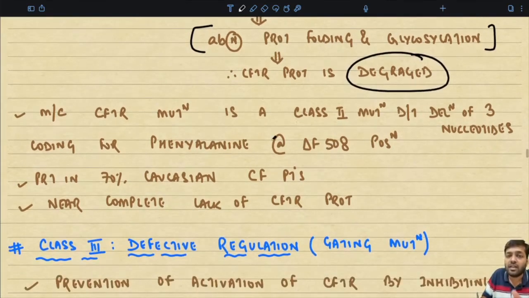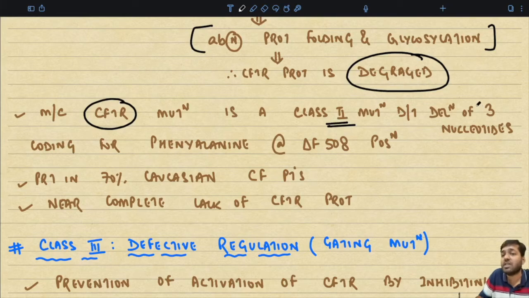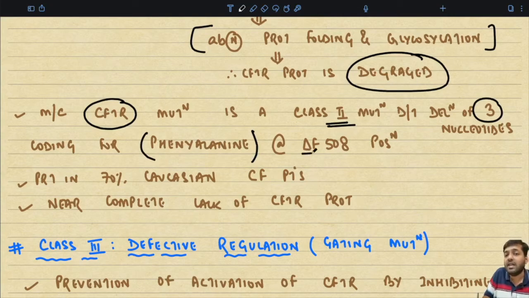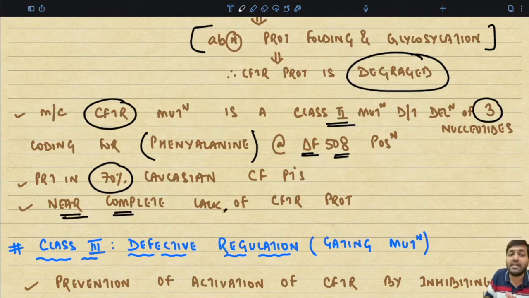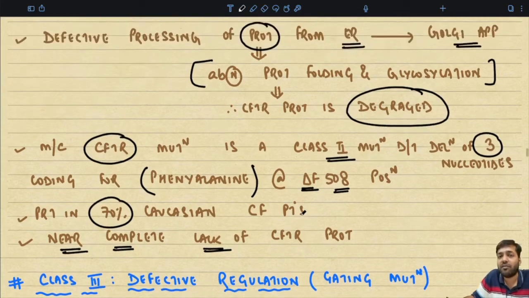It is also the most common CFTR mutation. The most common CFTR mutation, the class 2 mutation, occurs because of deletion of 3 nucleotides coding for phenylalanine at the delta F508 position. It is present in 70% of Caucasian cystic fibrosis patients, and there is a near complete, not total, lack of CFTR protein.